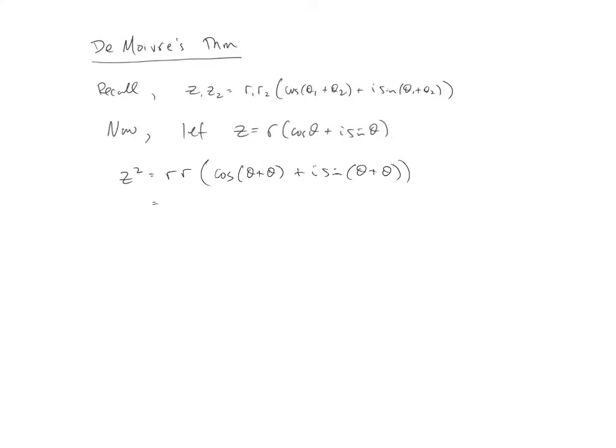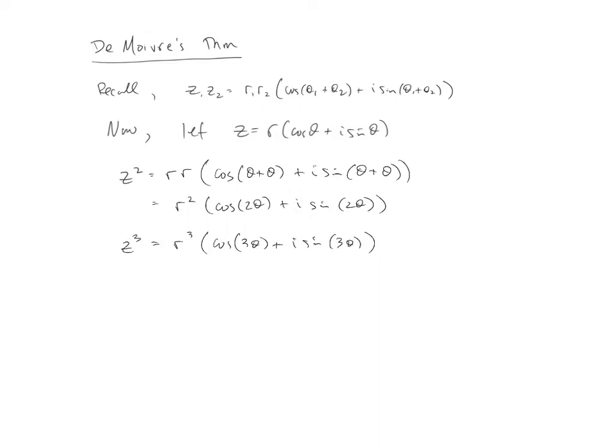And we can simplify this down a bit to r squared cosine 2 theta plus I sine 2 theta. So only having one r, only having one theta, we can combine it into this. If we went to z cubed, as you can probably imagine, you would end up with r times itself 3 times, so r cubed, and then cosine, and theta plus theta plus theta would give us 3 theta, plus I sine 3 theta.